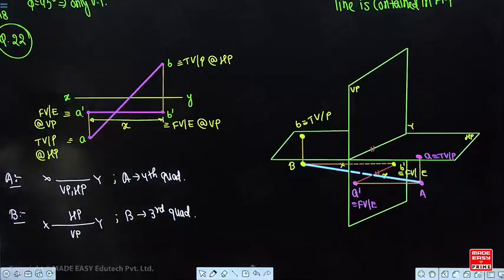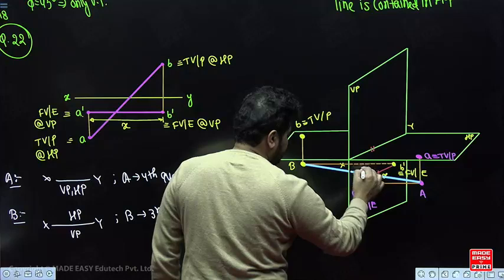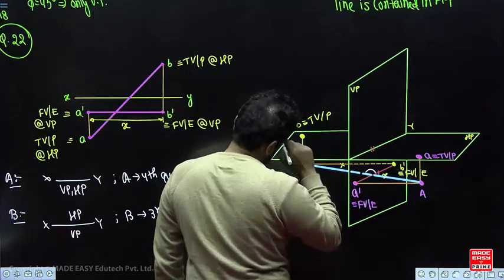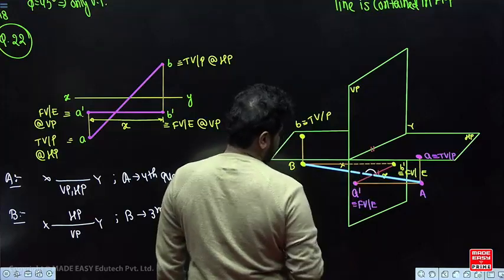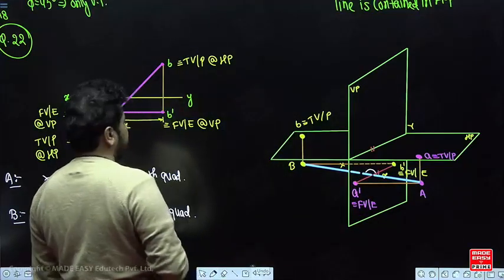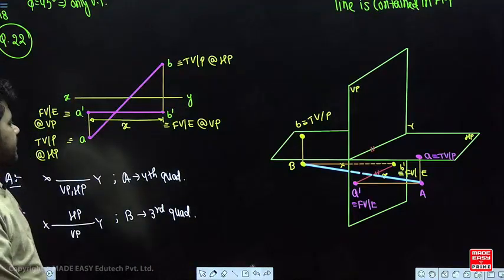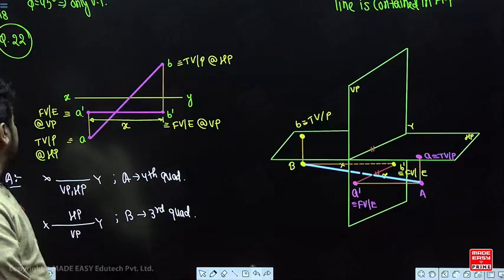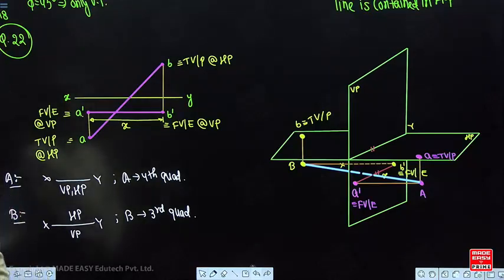You can see that this line is inclined to VP with a certain angle phi, isn't it? So this is inclined to VP, correct? There is some inclination. If this is the incline, can you tell me what will be the answer? Obviously the line is inclined to VP and parallel to HP, right?